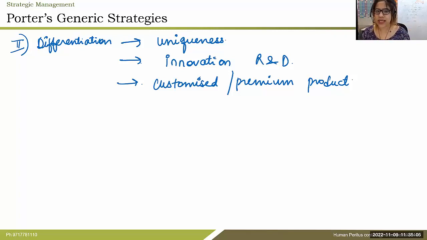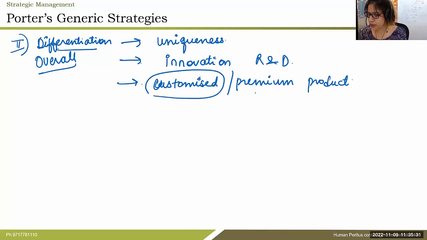We have got a uniqueness. We have done a lot of innovation and research and development, and our product is catering to the broad market. Here we are talking about overall differentiation in the product: a customized premium product for a premium, broad range of customers. Even if you do not want to say customized, you can say it is a premium product.